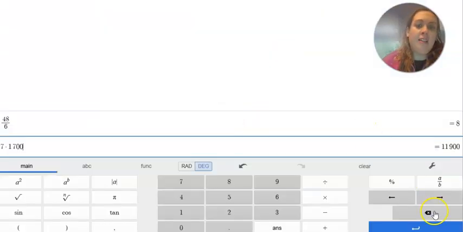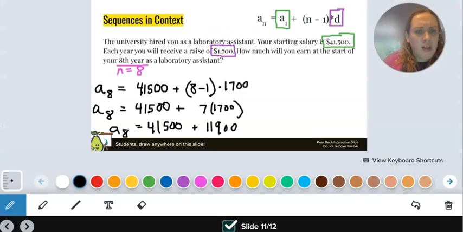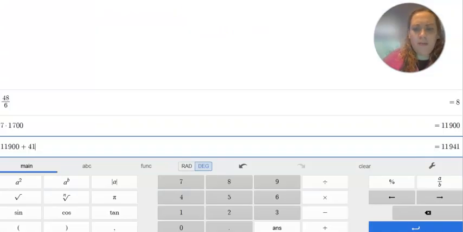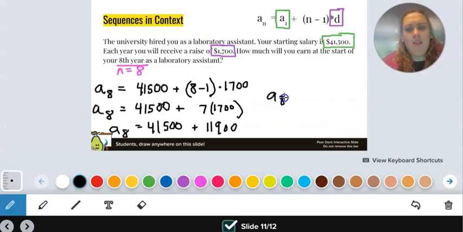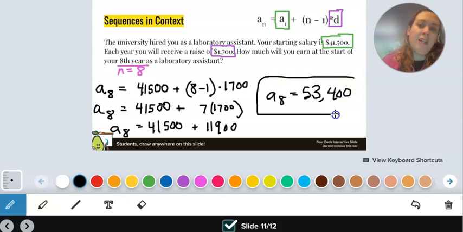And then when we add these two together, we get 53,400. Yeah. So by the 8th year, you are now making $53,400.